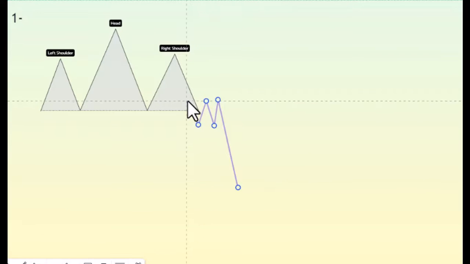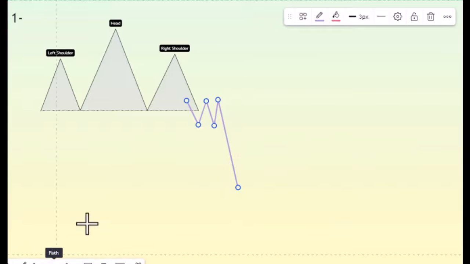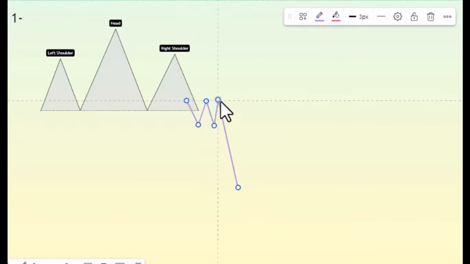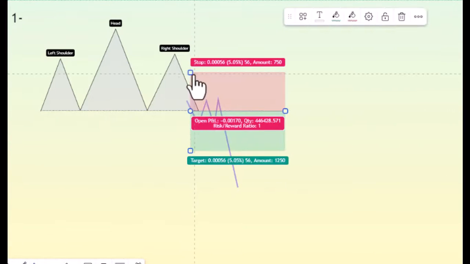If this range is not formed, entering this position is a bit risky. After price breaks the neckline, we wait for the price to return or retrace and set our entry on the neckline or the supply and demand area that I said before.